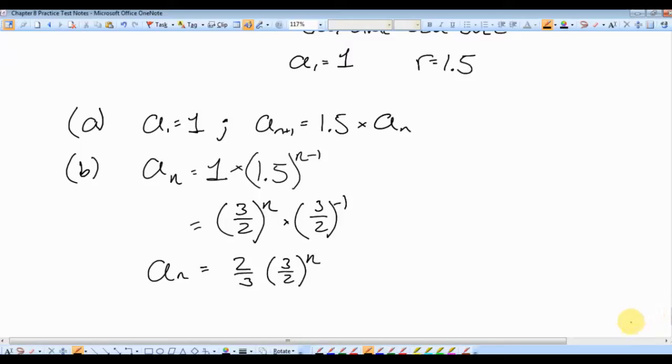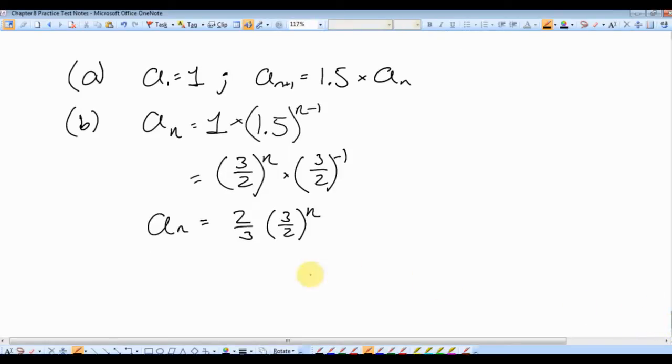C, find the 9th term. That's great. You know why that's great? It's because we have the explicit formula now. So the ninth term should be equal to 2/3 times 3/2 to the 8th power, right?